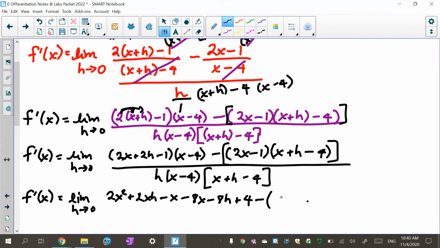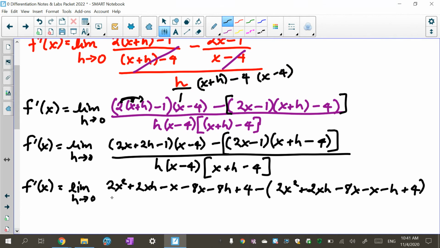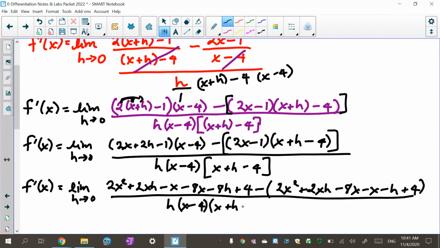So I'm going to multiply all by 2x, so I have 2x squared plus 2xh minus 8x. Then I'm going to multiply them all by -1: minus x minus h plus 4. We look so smart doing this. And then I have this all over h(x - 4)(x + h - 4).